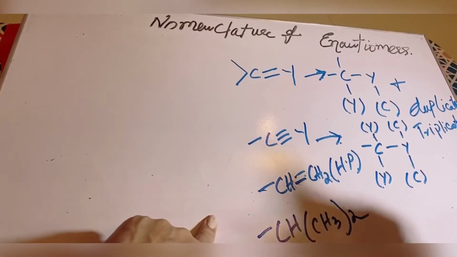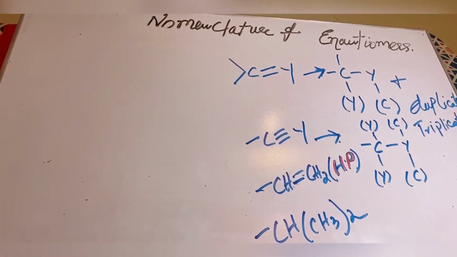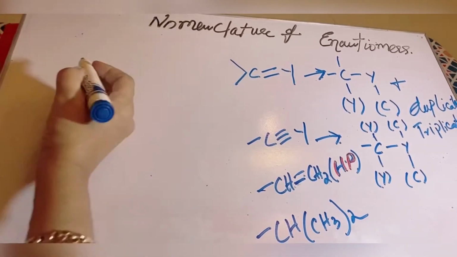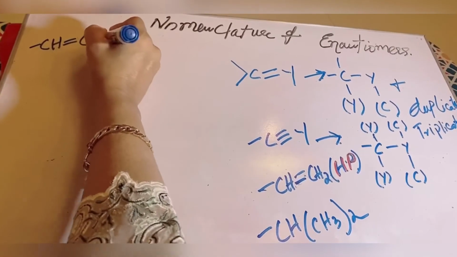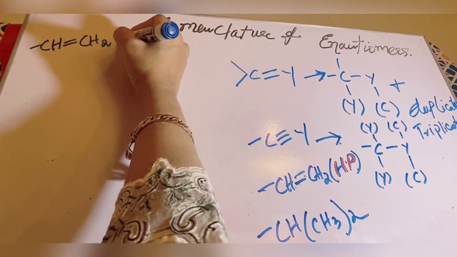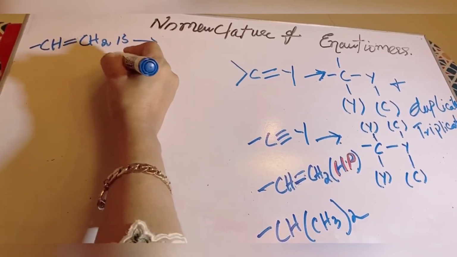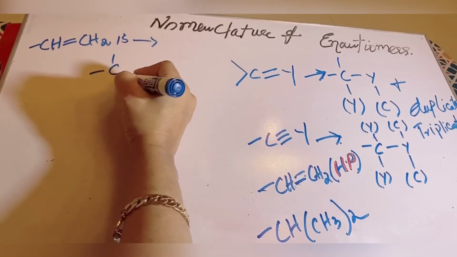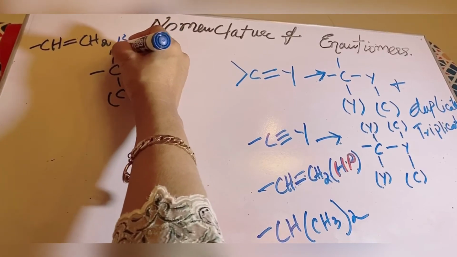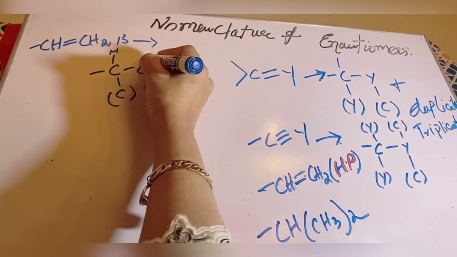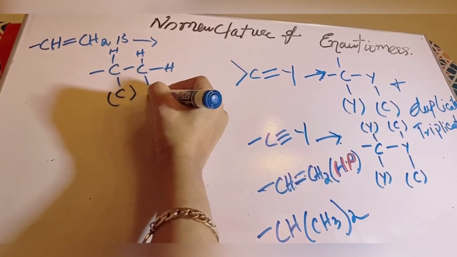Why? Now I just tell you why. Let me clean this. So this would be treated as CH double bond CH2, simply C, of course a hydrogen over here, then C, a hydrogen here, and of course an H and a C, right?